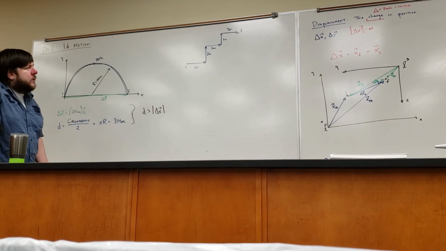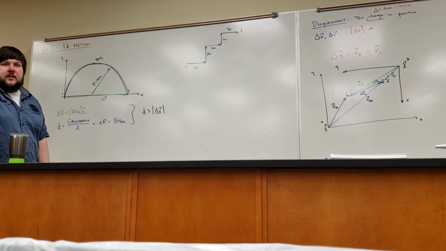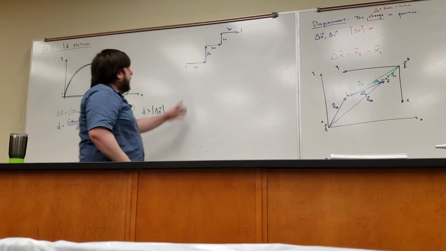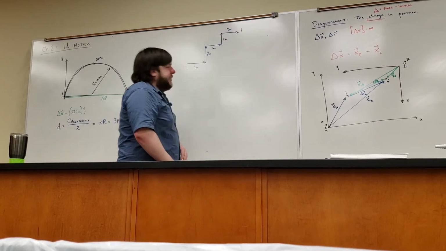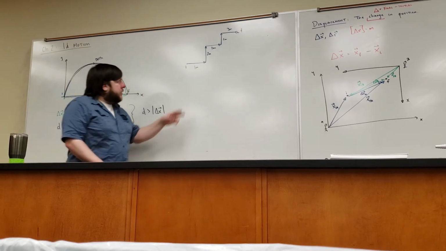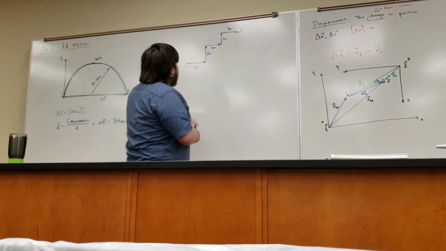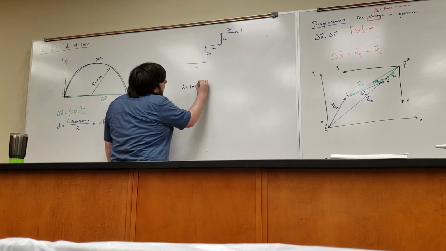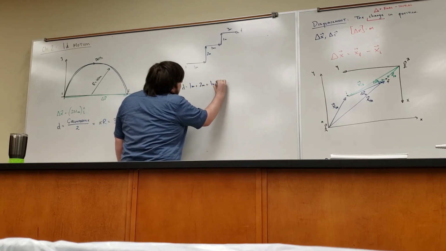How do you think we'll figure out the distance? Just add them, right? You walked 1 meter to the right, so that was a distance of 1 meter. Then you walked 2 meters up, so that was a distance of 2 meters. So the distance is just going to be the sum of these smaller distances.